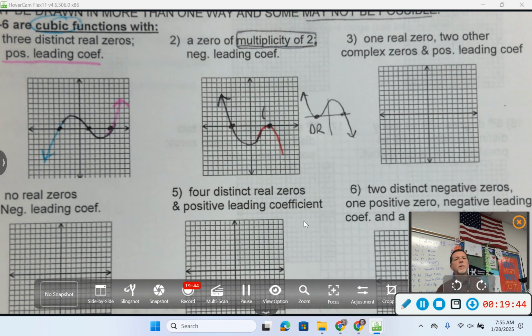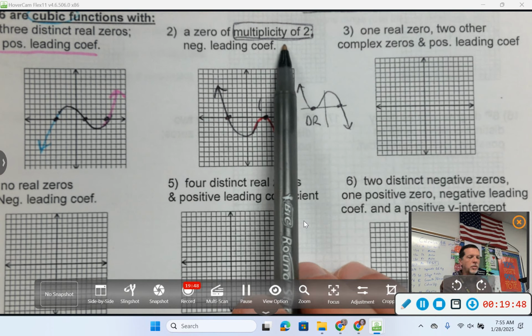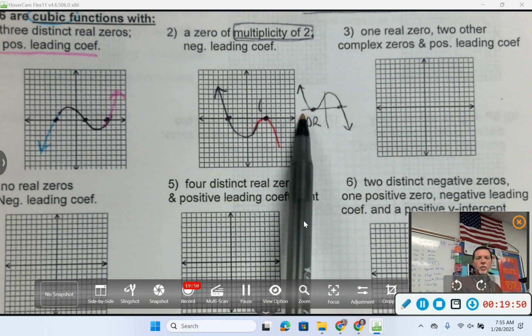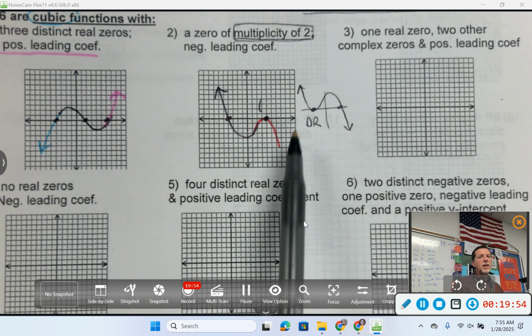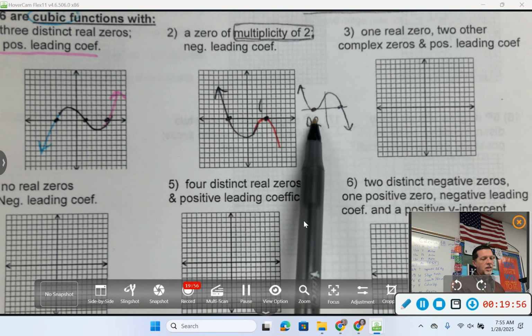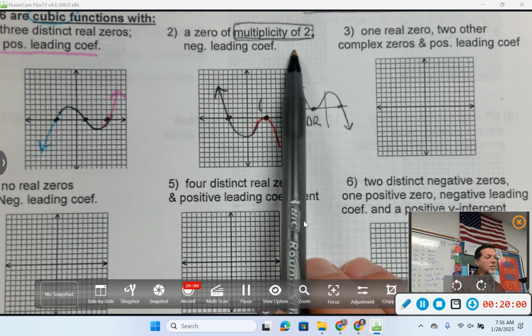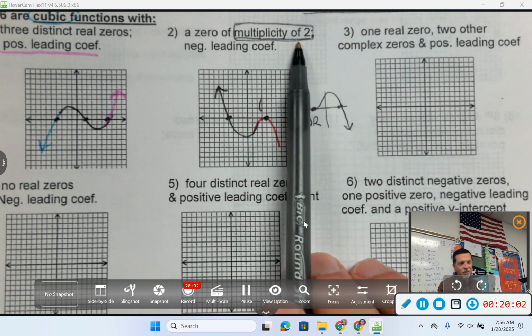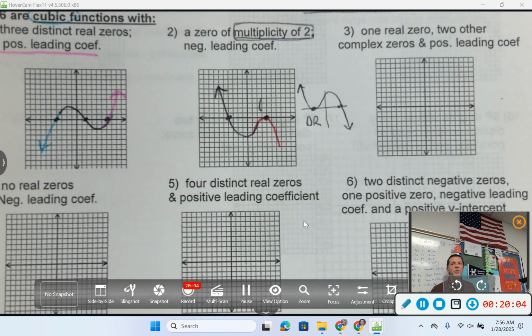But it says a 0 of multiplicity 2. So that 0 has a multiplicity of 2 because it bounces. You have to bounce it rather than put it on the 2. Correct. It doesn't mean a 0 at 2. Multiplicity of 2 means it's a double root.